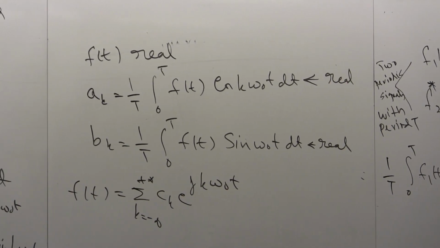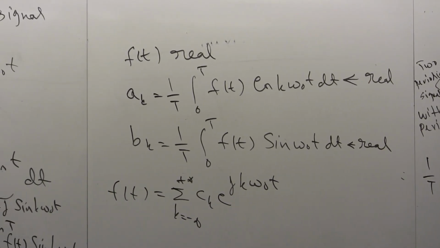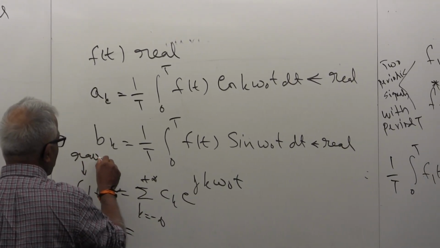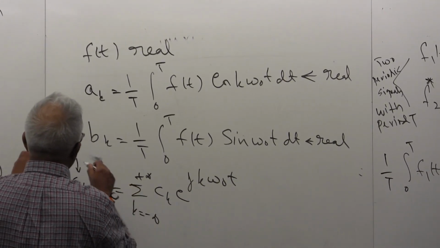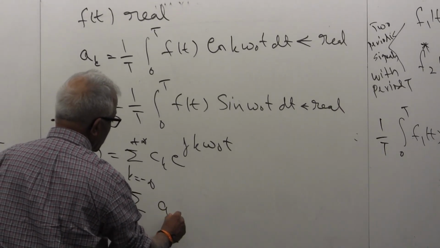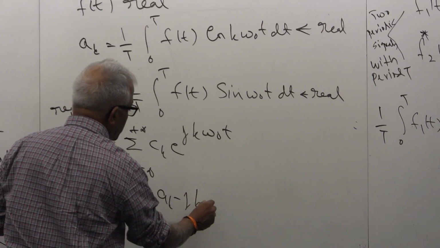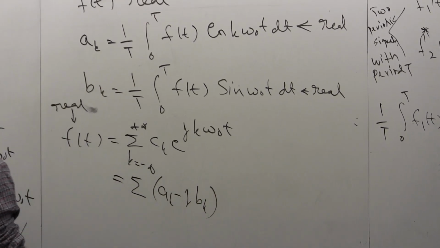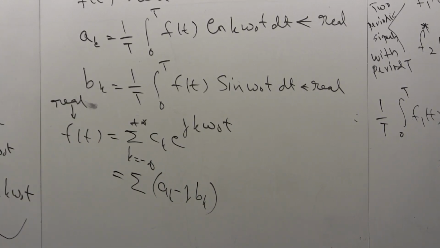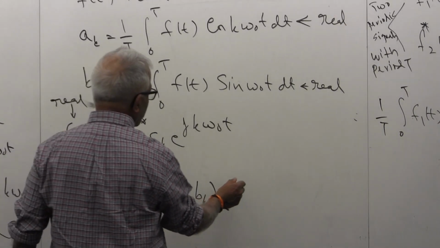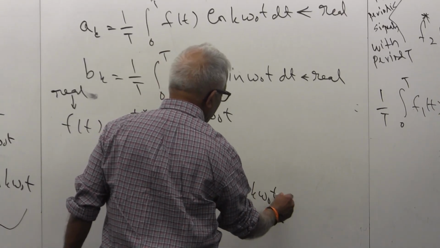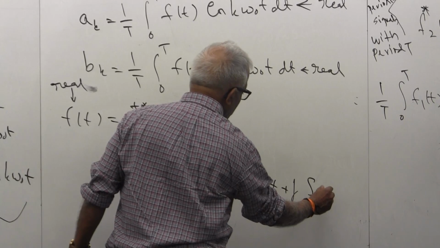Now look here, Ck is here. So I'm going to substitute for Ck. You have to follow me. We know that this is real, so we should be able to get rid of all this complex stuff. So this is going to be summation of Ak minus jBk. Why am I writing this? Because Ck is Ak minus jBk, multiplied by this quantity, which is cos k omega naught t plus j sin k omega naught t.